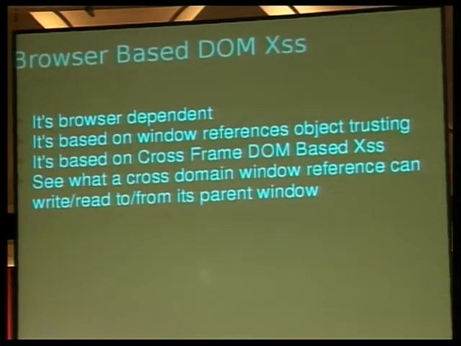We just see what the research was beginning by trying to see what a window reference can write or read from another window. Of course, the windows are from different hosts. The research script was quite simple.